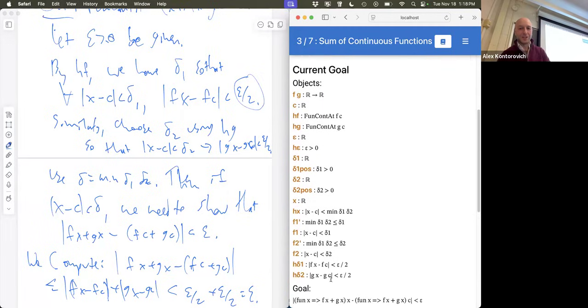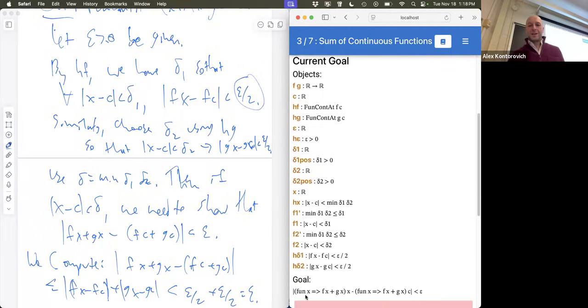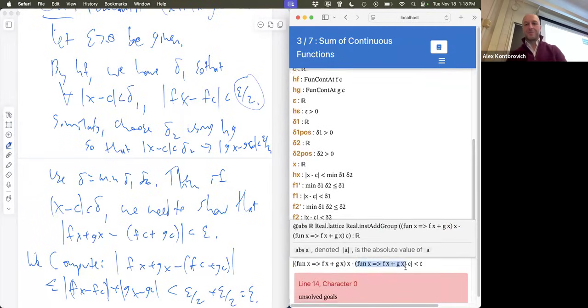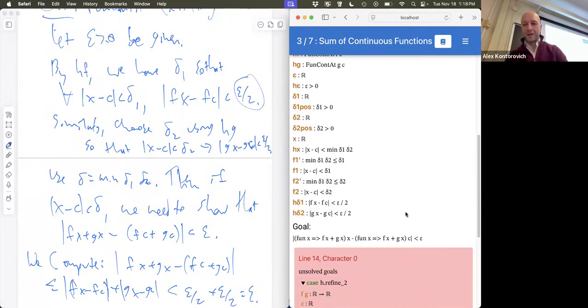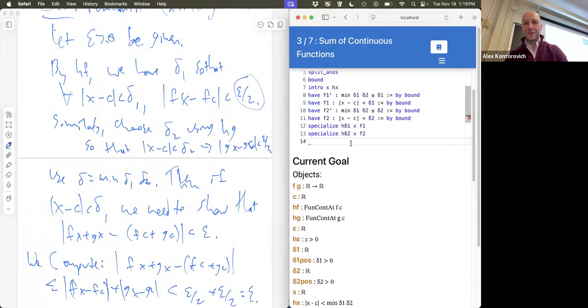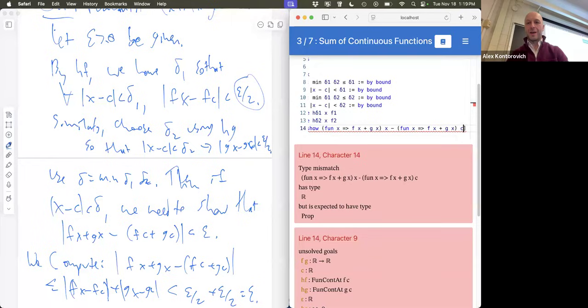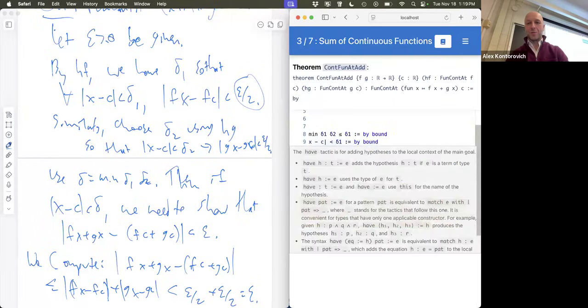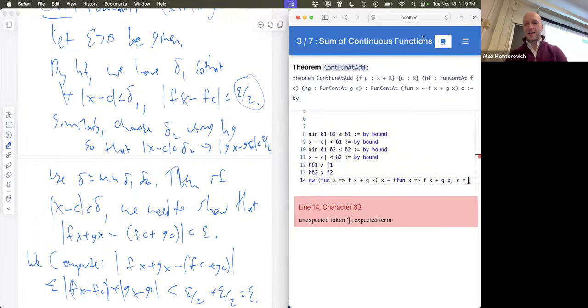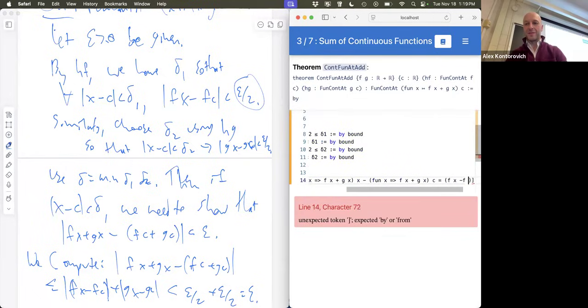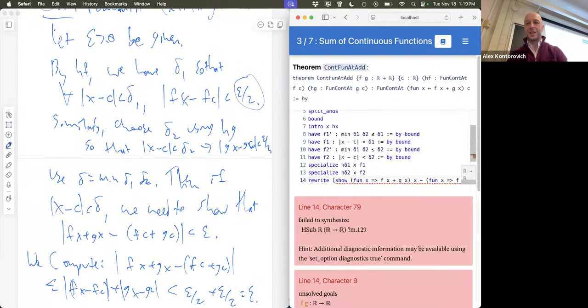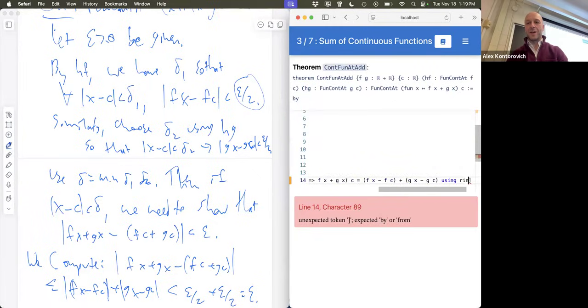And that gets me g of x minus g of c is less than epsilon over 2. Okay. I won't bother to rewrite this nicely. Oh, come on. Out of the way. So let's rewrite. Show this annoying thing is equal to what? F of x minus f of c plus g of x minus g of c using ring.